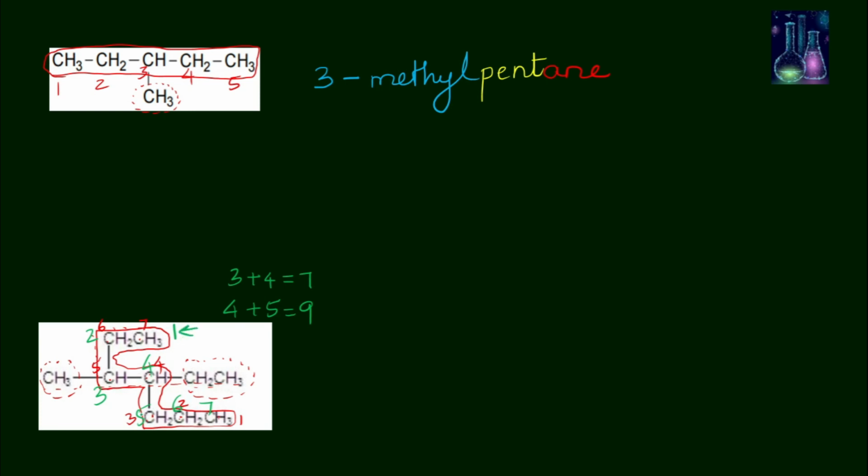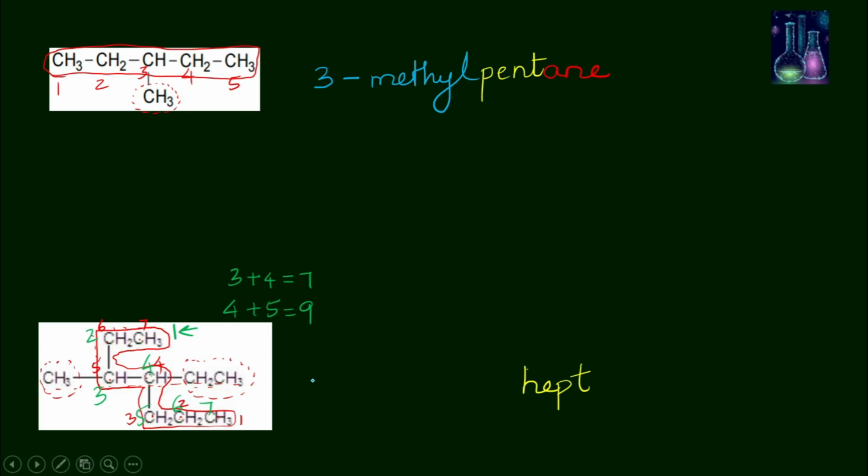Now this end has 7 carbons, so my root word will be hept. What about the substituents? The third position is for methyl and the fourth position is for ethyl.